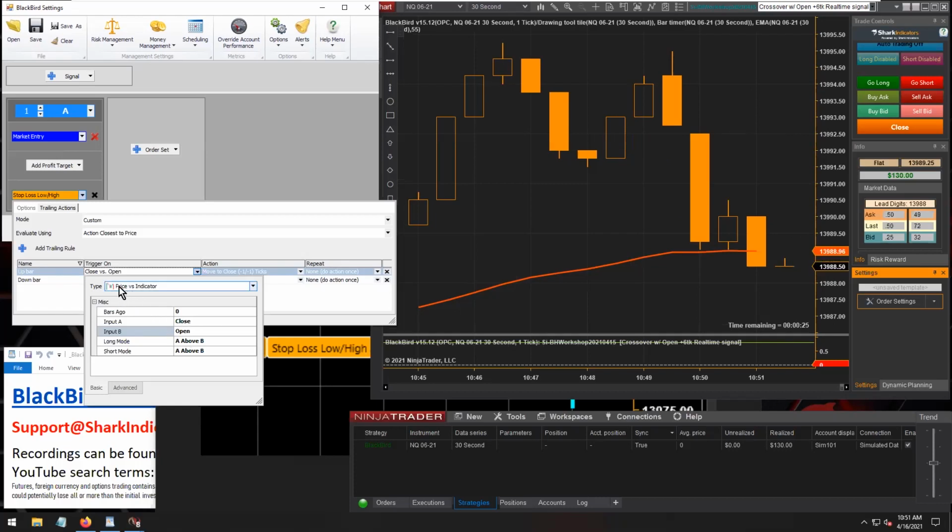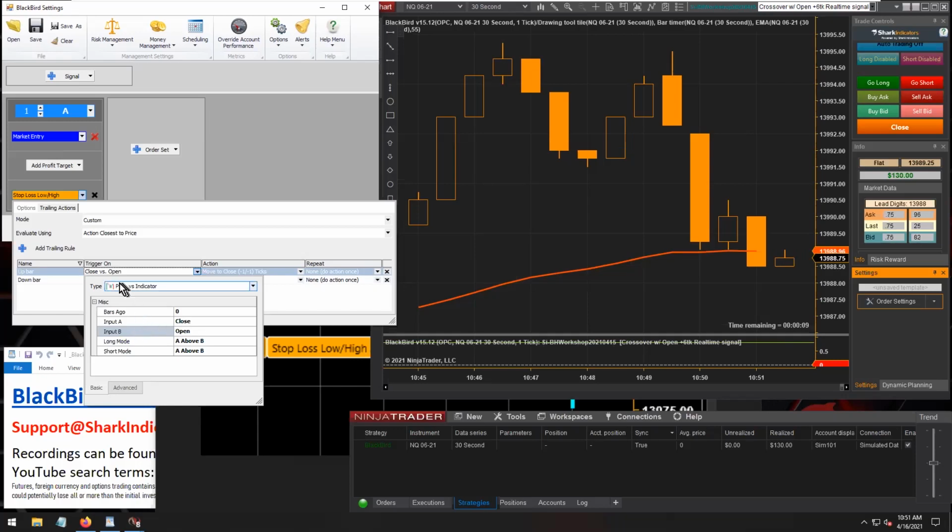So the trigger price versus indicator trigger method is what's doing the calculation to determine whether it's an up bar: is the close above the open or is the close below the open?